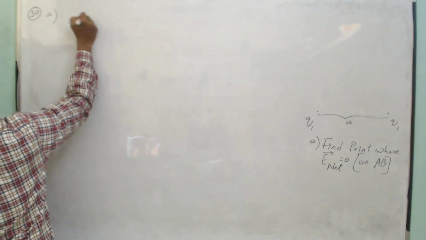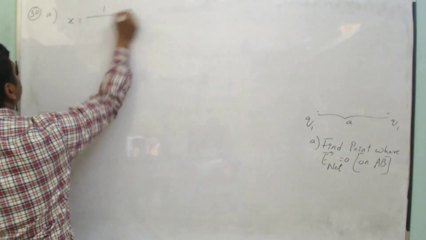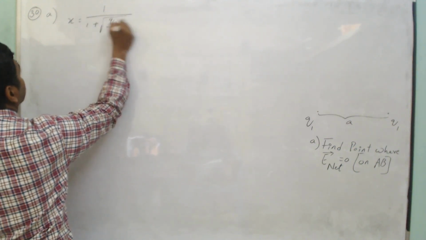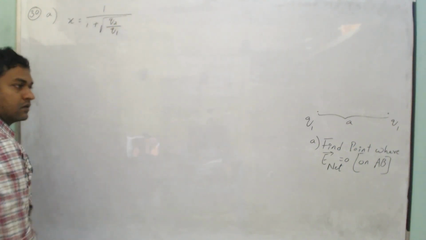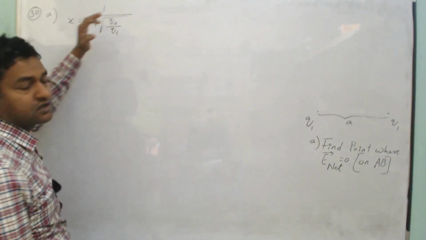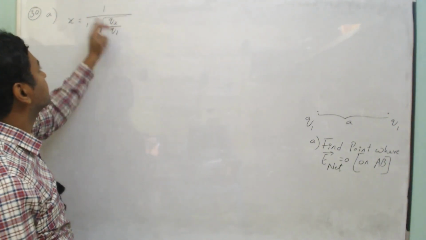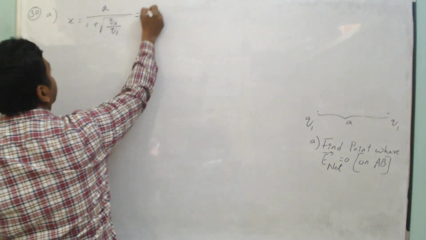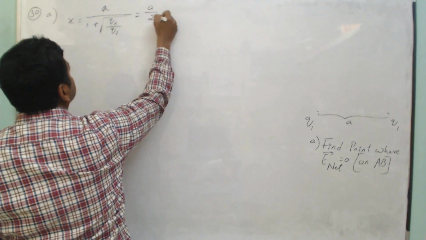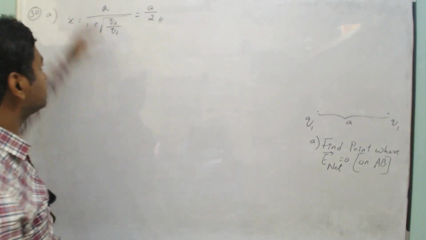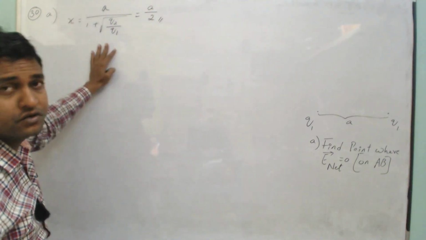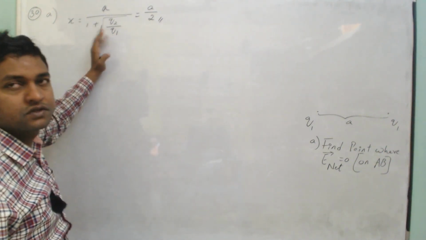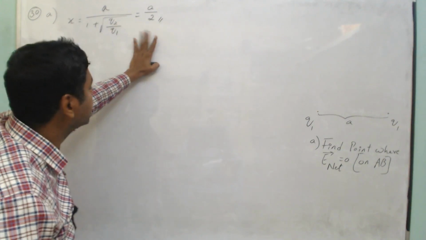So we got x is equal to A upon 1 plus under root Q2 by Q1. They are both same charges, so they will cancel. It will be 1 plus 1, and eventually A by 2.